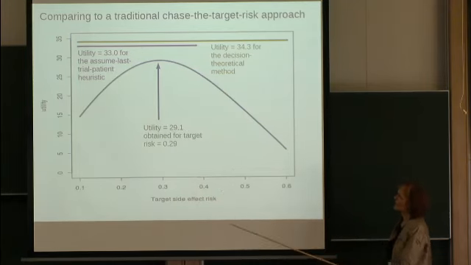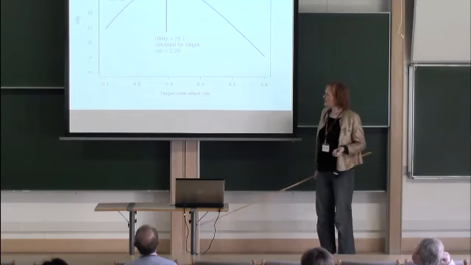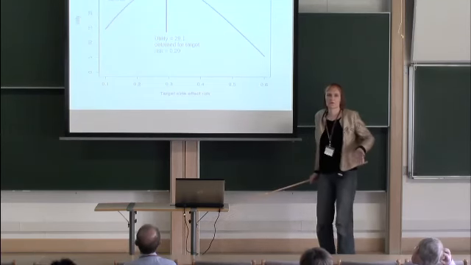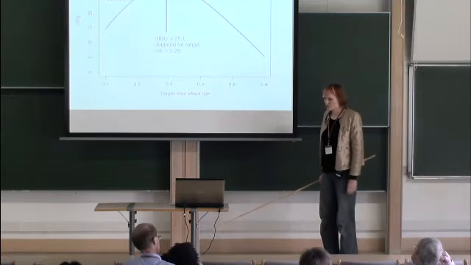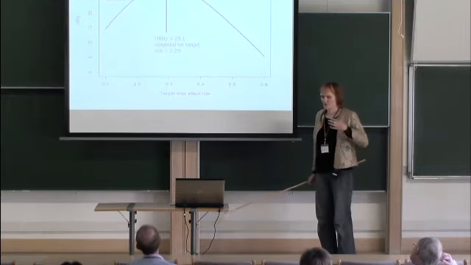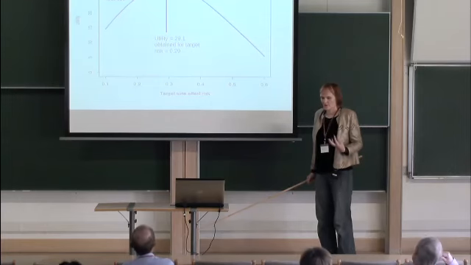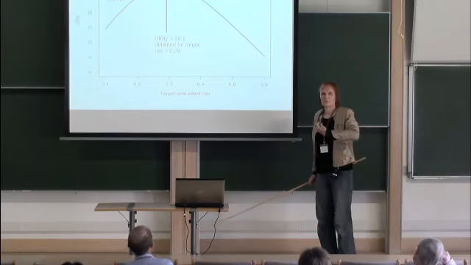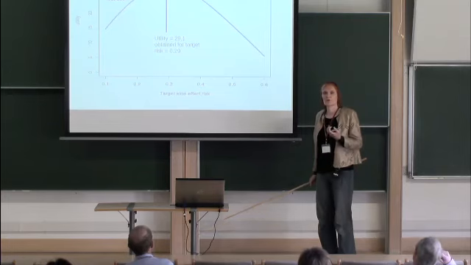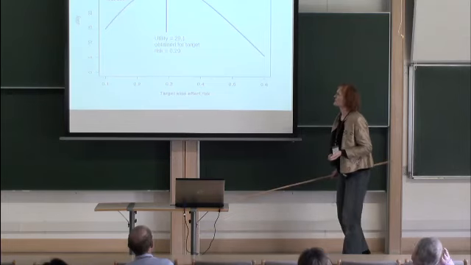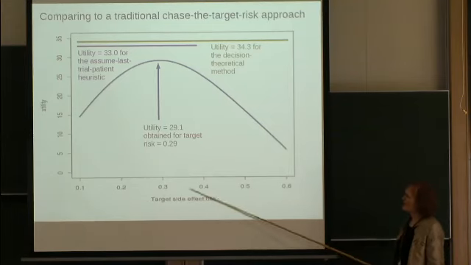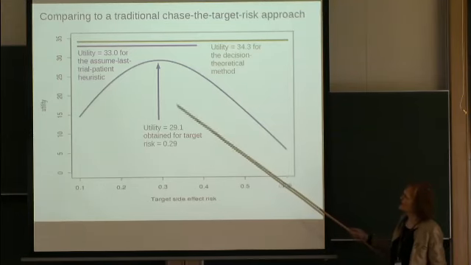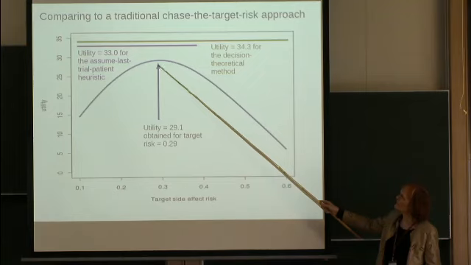I have tried to say, well, instead of using this very complicated model, you could just simply try to give each patient the dose where the posterior mean side effect risk is equal to some target side effect risk, and then you can try that with different target side effect risks, and you can see the best we can get is a utility of 29.1.